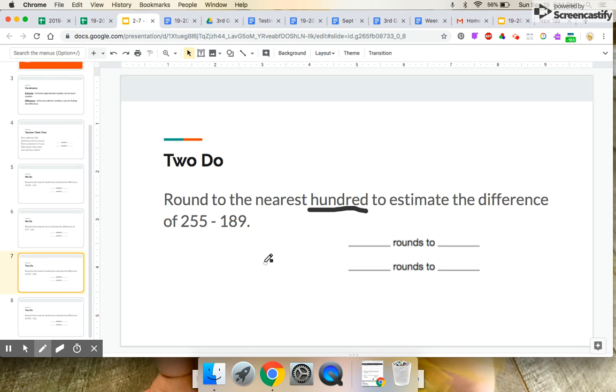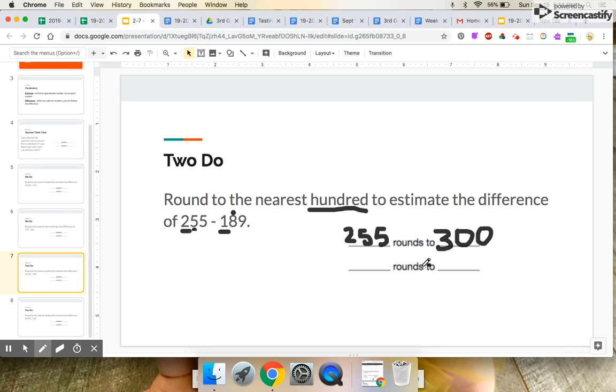Now that you've had a chance to do it on your own, let's see how I would do it. We have 255, and if I'm rounding to the nearest 100, I have to look at my tens place. 5 in the tens place means I'm rounding up, so I would round up to 300. Looking at my next number, again rounding to the nearest 100.